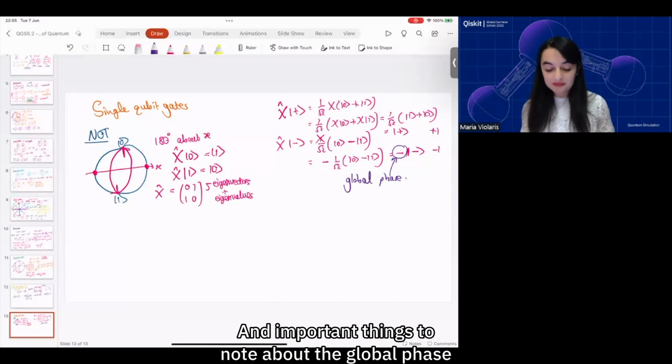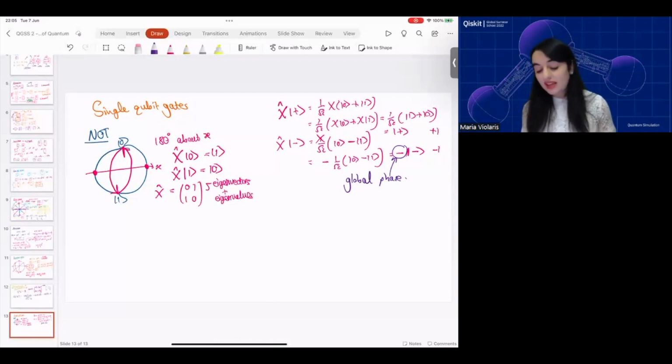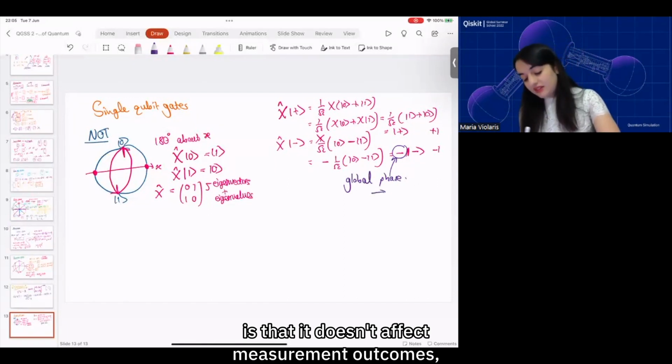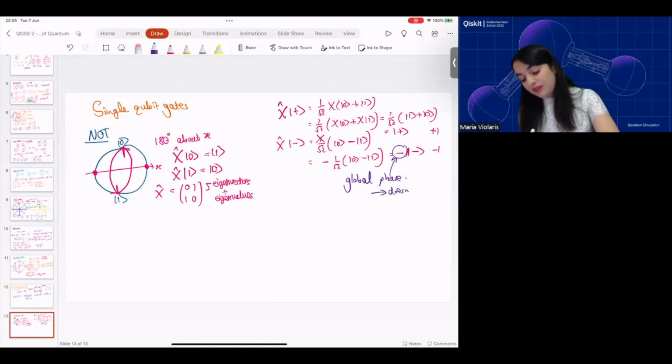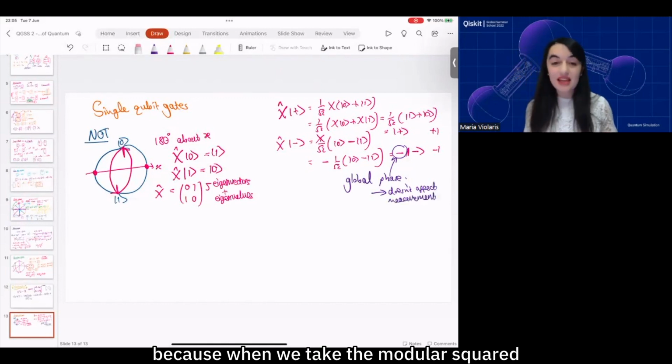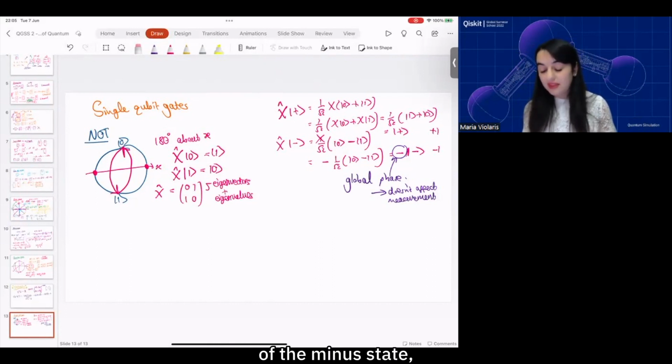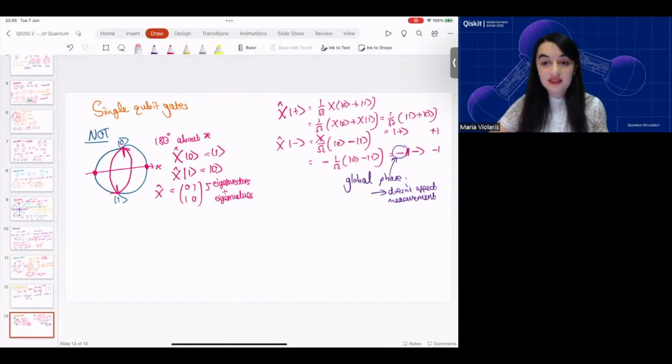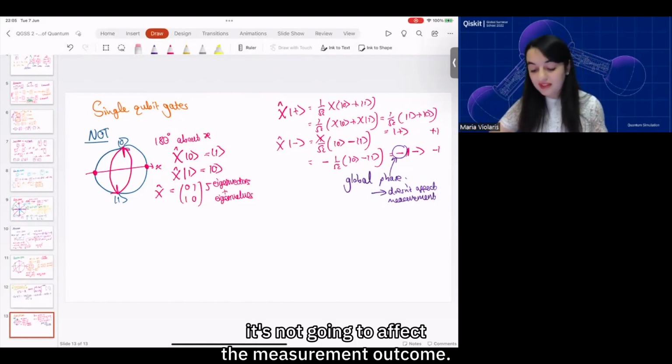And important things to note about the global phase is that it doesn't affect measurement outcomes, because when we take the modulus squared of the minus state, it's not going to affect the measurement outcome.